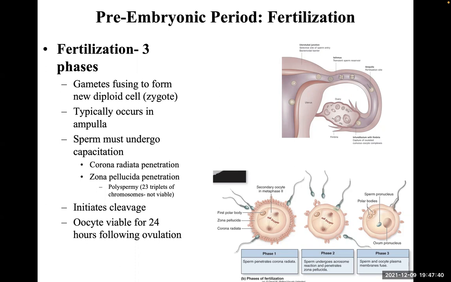So from that initial group of 200 plus million sperm, and these numbers are not hard and fast numbers, but just to give it some context, we go from over 200 million to about 50 that actually make their way to that secondary oocyte, which is in the ampulla of the uterine tubes.